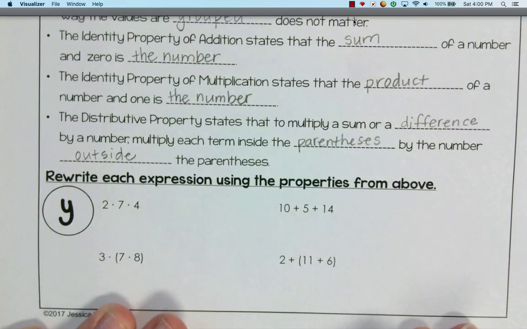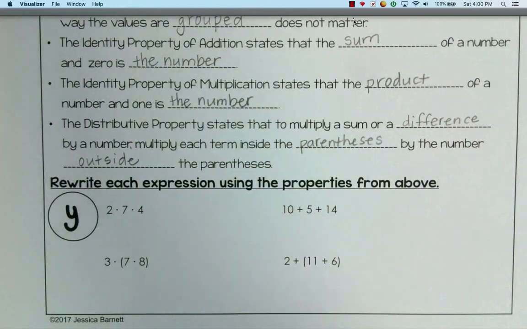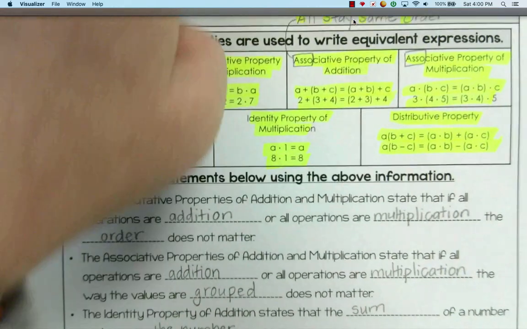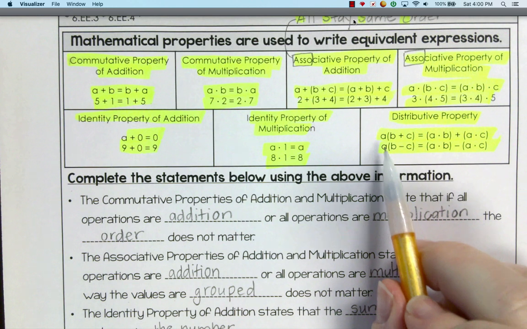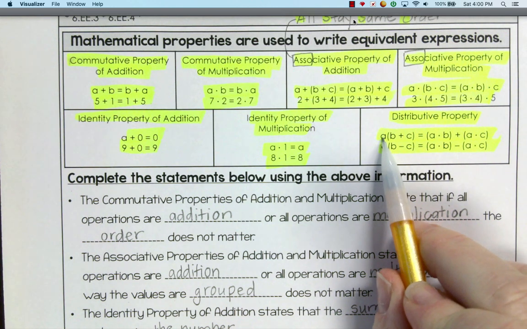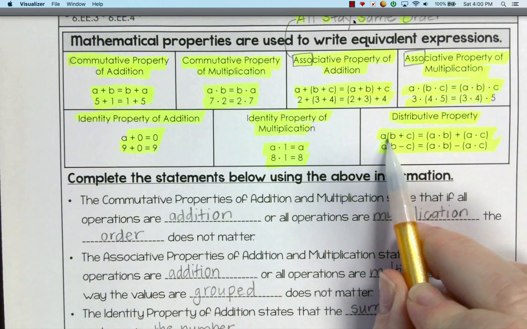So this is what the distributive property looks like. We have this side right here: A times, remember, an integer or variable next to parentheses with no operation symbol means to multiply.